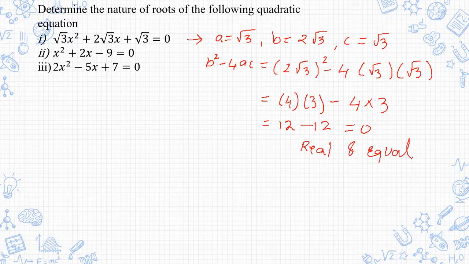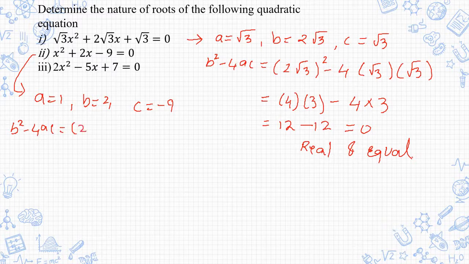Similarly, in the second one, the value of a is 1, b is 2, and c is minus 9. Again, find out the value of the discriminant b squared minus 4ac. In this case, b is 2, so 2 squared minus 4 into a, that is 1, and c, that is minus 9.